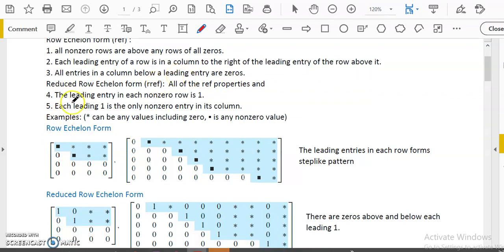Then the second form is called reduced row echelon form. It is really useful because it is used to actually solve the system without back substitution.